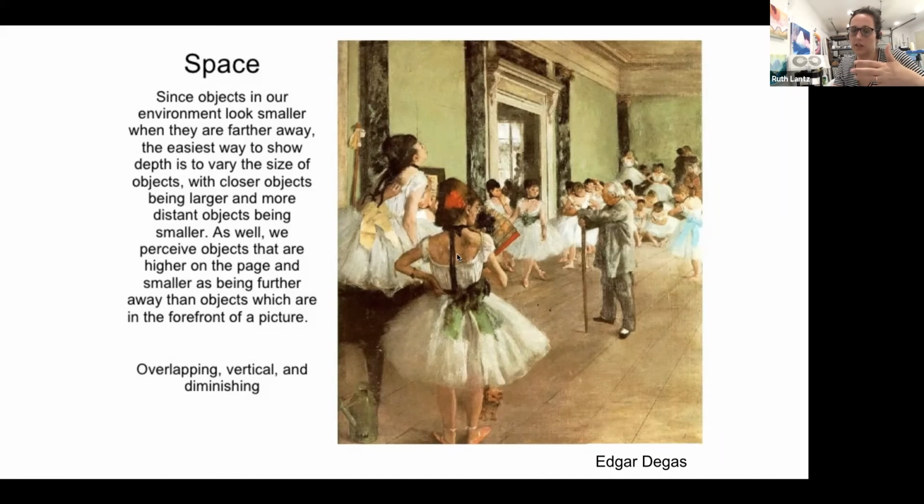So we understand her to be closer to us because her arm is over her tutu. Or this instructor, we understand them to be in front of this group because he is overlapping them, as in in front of them. So it's just a matter of layering in order to create a sense of space. So it's another way to create that sense of space.